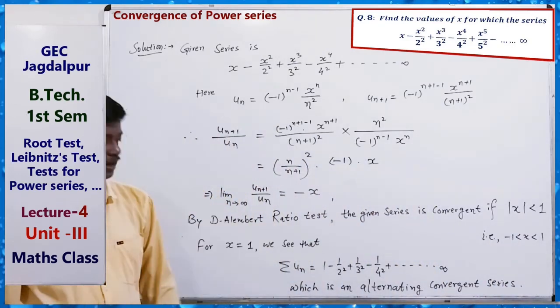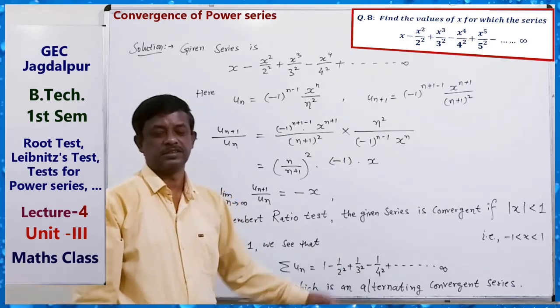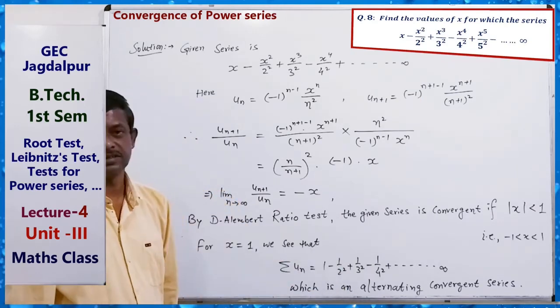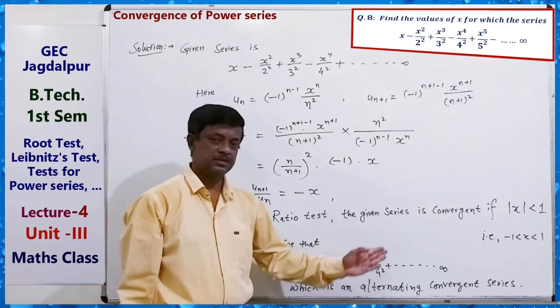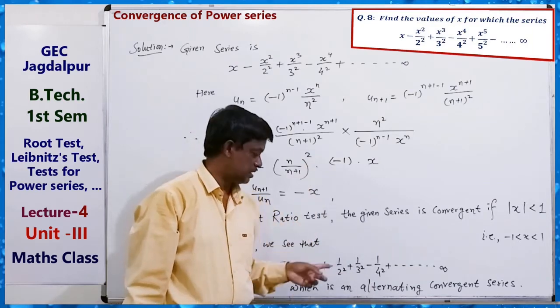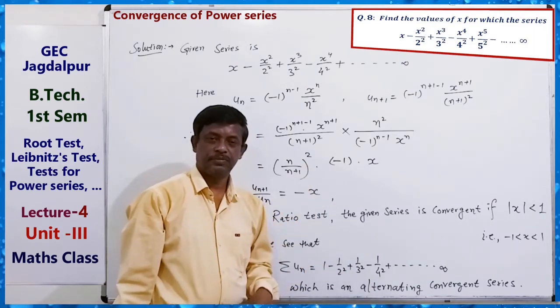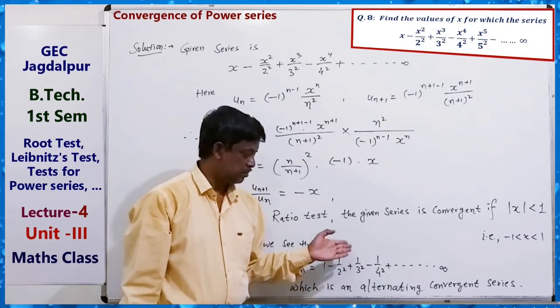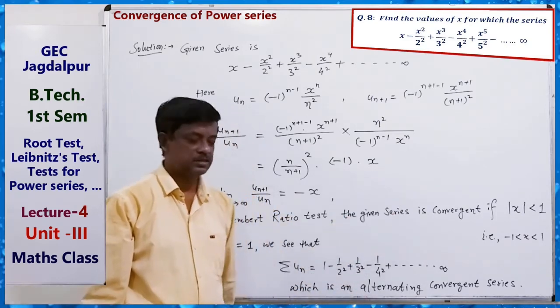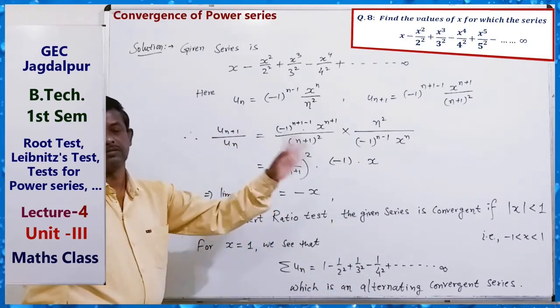Each term is numerically less than the previous terms and u(n) tends to 0 here. So by Leibniz test, this is a convergent series. So x equal to 1, convergent.